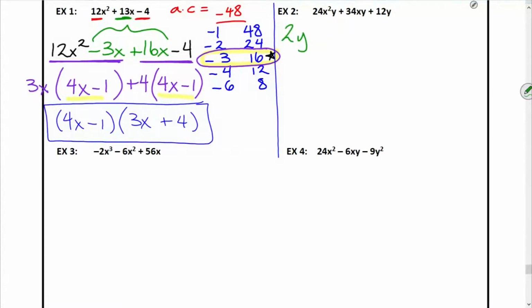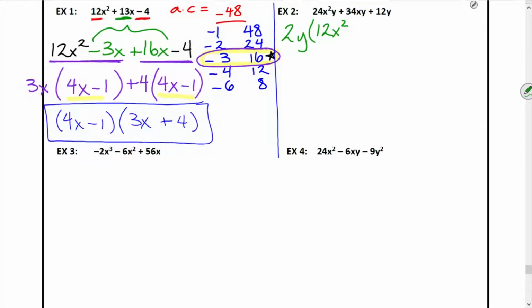So 2y times what is 24x squared y? Well, 2 times 12 is 24, and then I need x squared so that y times x squared is x squared y. Okay, and then 2y times what is plus 34xy?